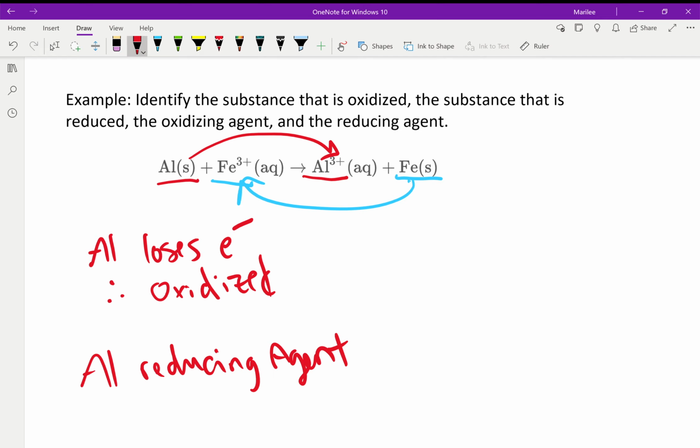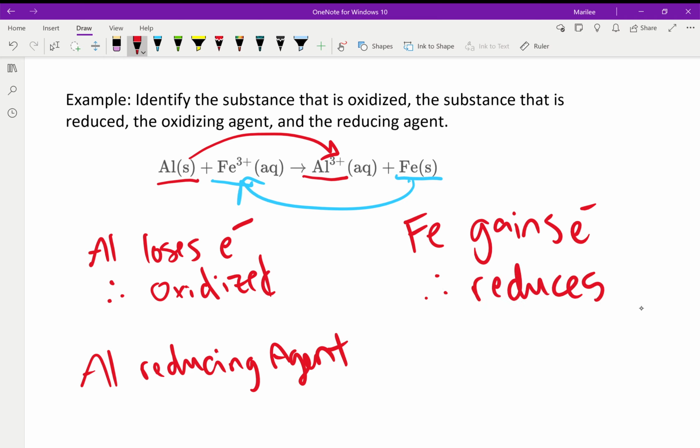And then the iron gains electrons, right? And therefore it is reduced. When it gains an electron, it takes the electron from the aluminum. Therefore, it is the oxidizing agent.